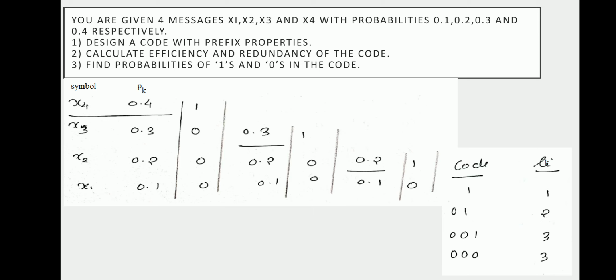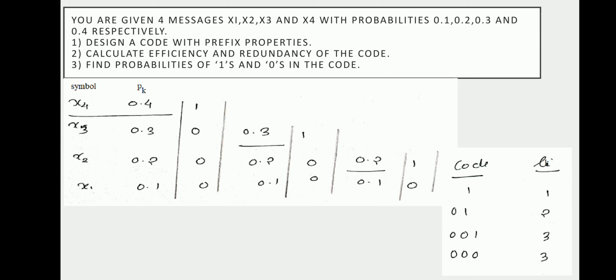Then we need to divide x3, x2, x1 again. Here we can divide x3 alone and the remaining together, because the probabilities become 0.3 and 0.3 respectively. Then x3 is coded as 1 and the remaining x2, x1 are coded as 0. Then we can again divide x2, x1 as x2 separate and x1 separate.